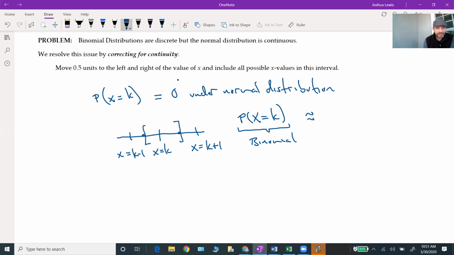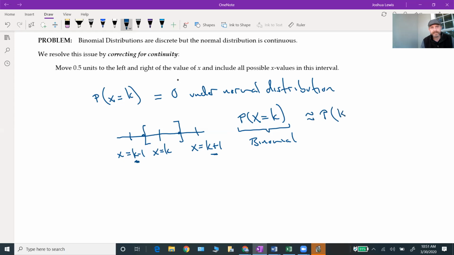Notice that I've now got an interval, so I have length now, but I haven't widened my interval so much that I'm allowing for the possibility of the random variable being k minus 1 or k plus 1. The only possible value under the binomial distribution that's contained in this interval is k. So how far do I move? Well, 0.5 to the left and the right.